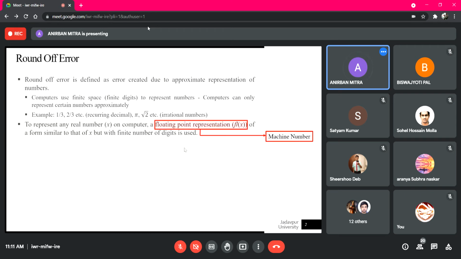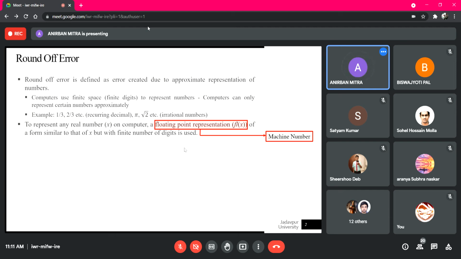So here, let us say we have a real number x and its corresponding computer representation, or rather the floating point representation, is given by fl(x).